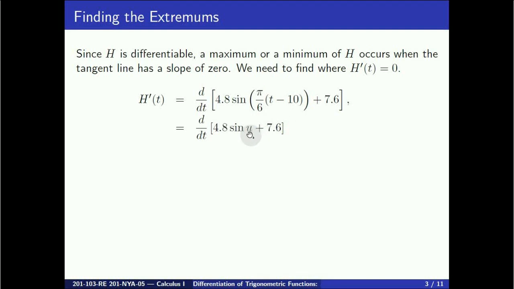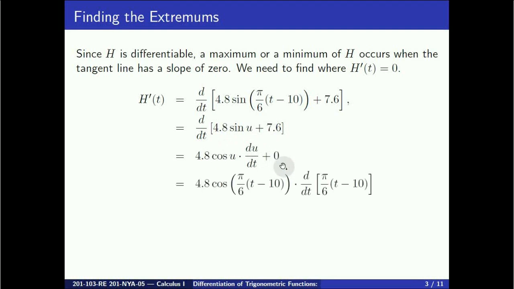That gives us 4.8 cos of u times du dt, plus, as I said before, 0, because 7.6 is just a constant. So replacing u by what it is, we get this. And differentiating the inner function, pi over 6 times (t minus 10), gives us pi over 6 times the derivative of t minus 10, which is 1 minus 0.